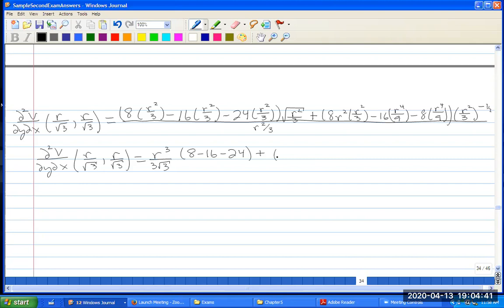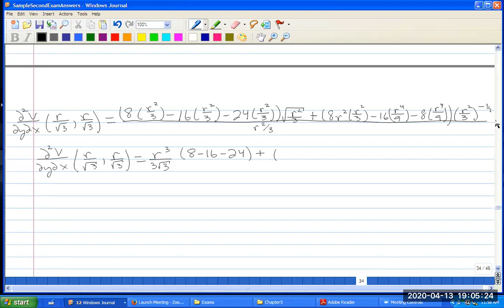So I have here r to the fourth, but I'm dividing by r squared to the negative 1/2. I'm multiplying by r squared to the negative 1/2. So that means I'm multiplying by r to the negative 1. So that means that all these in here are r cubes, which I factored out. And, oops. So this becomes dividing by 3 to the negative 1/2 is the same as multiplying by 3 to the 1/2.